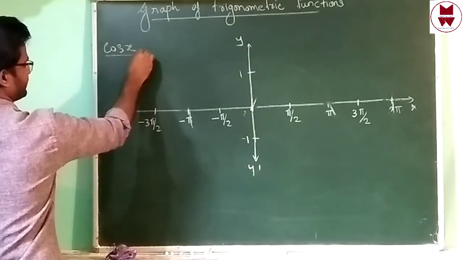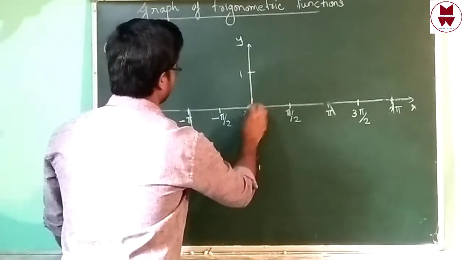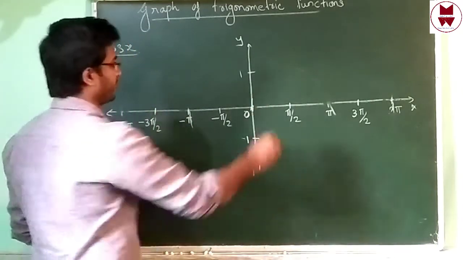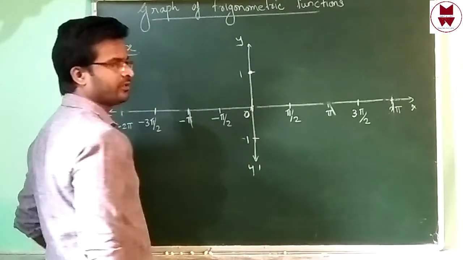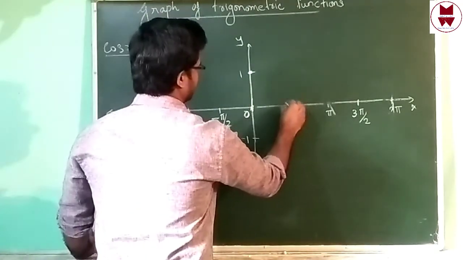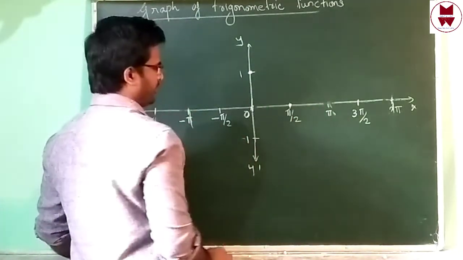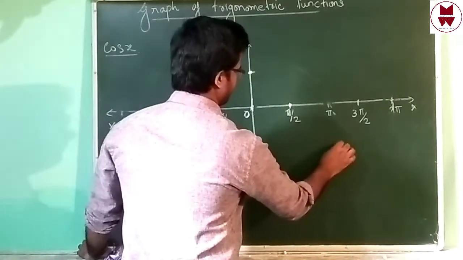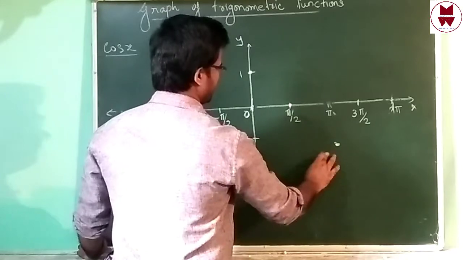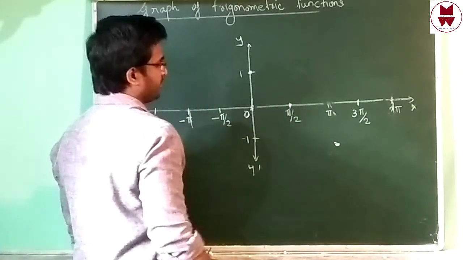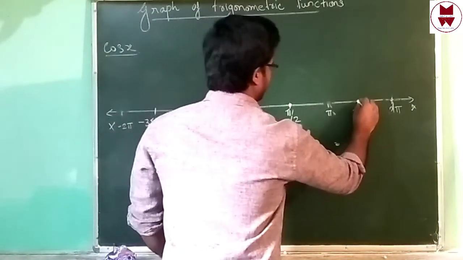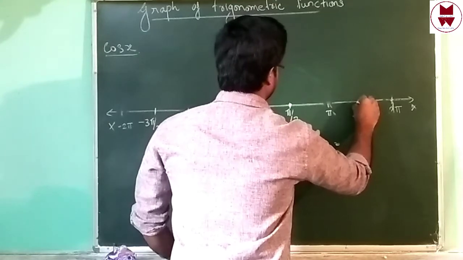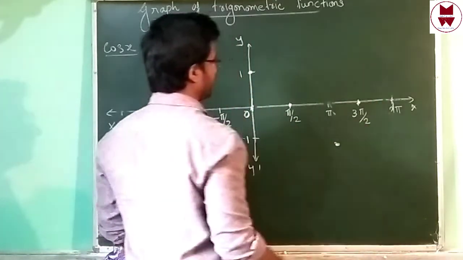Cos x, then 0. Cos 0 is 1. Then cos 90 is 0. Then cos 180 is minus 1. Cos 3 pi by 2, that is 270, is 0.